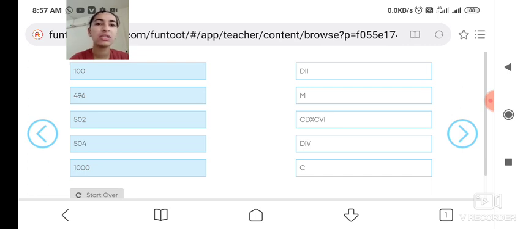So second with second last. Yes students, 496 is DIV. Now 502. 502 can be written as 500 plus 2. 500 means D and 2 means double I. So third with first one.